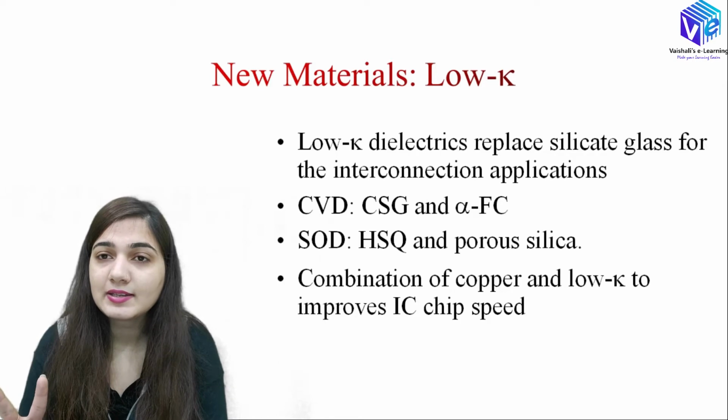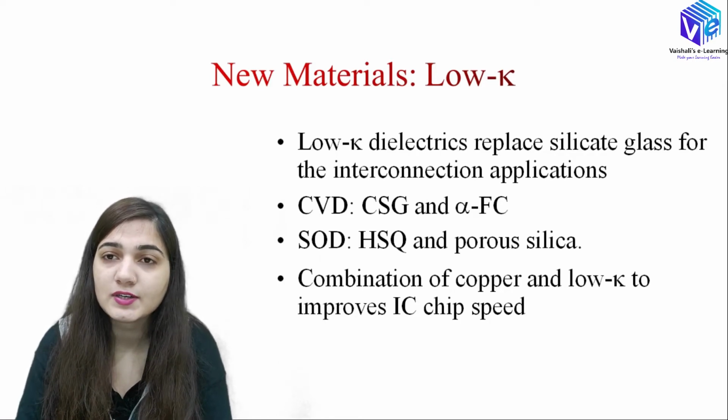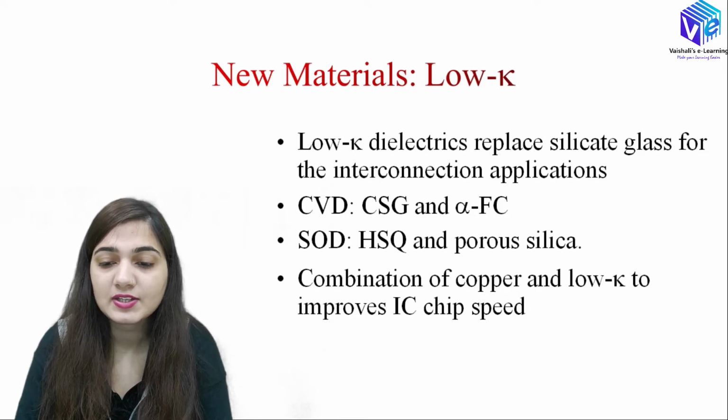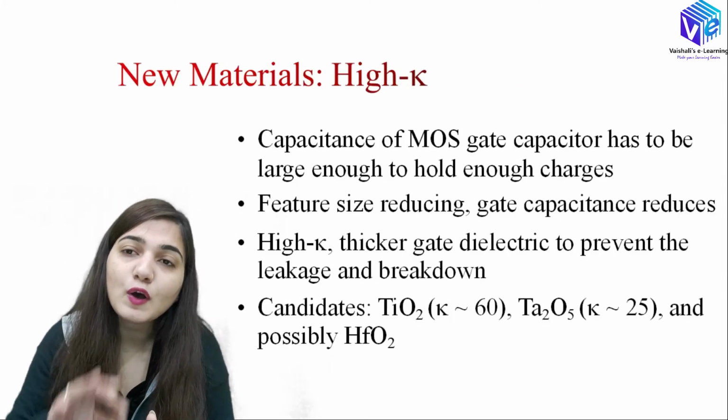The second thing I said that was used in the year 2000 was the low dielectric constant material. So the low dielectric replaced silicate glass for the interconnection applications. Okay, in the CVD, CSG and alpha FC was used, and in the SOD, HSQ and the porous silica were used. So the combination of copper and the low dielectric constant materials were used to improve the overall speed.